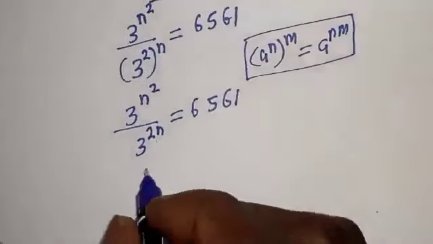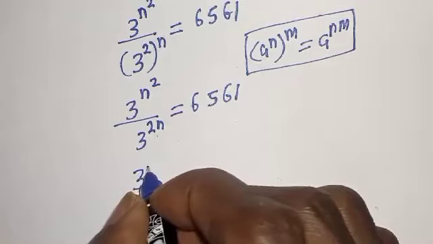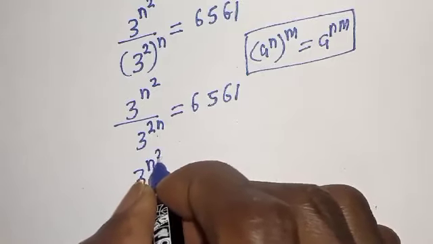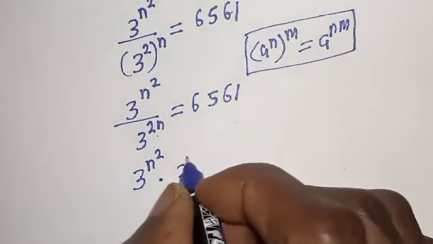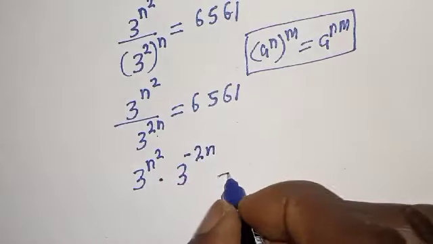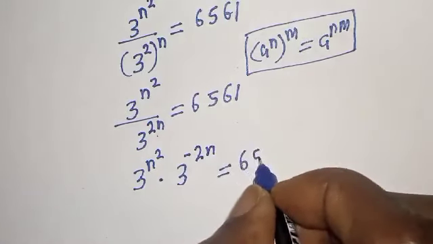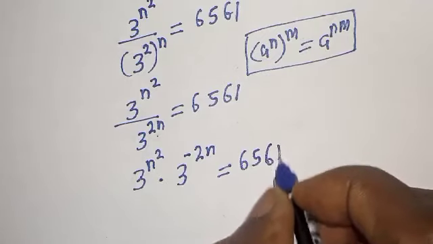Then we have 3 raised to power n squared multiplied by 3 raised to power minus 2n is equal to 6,561.